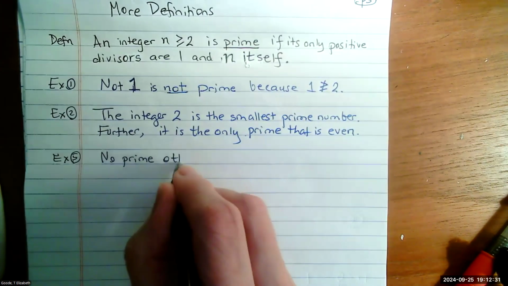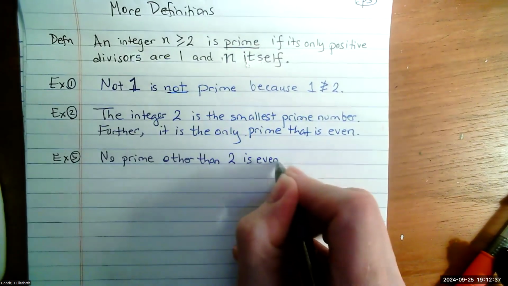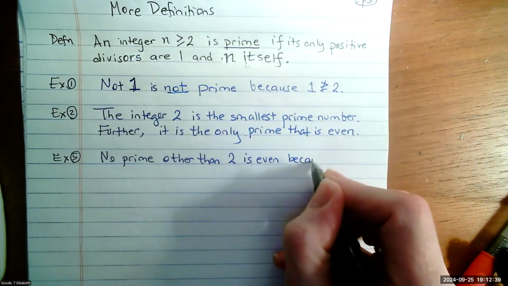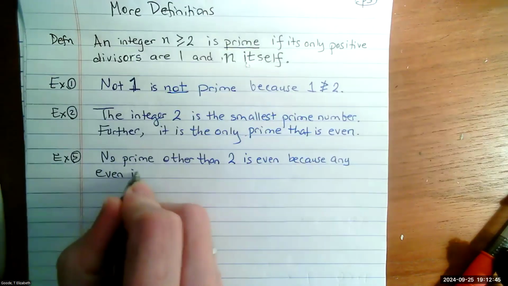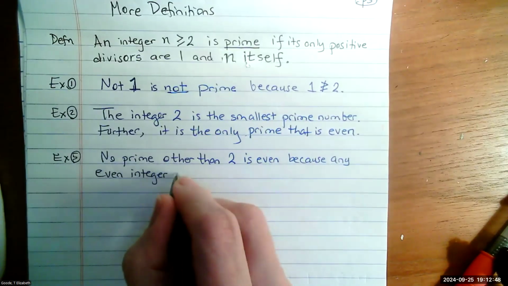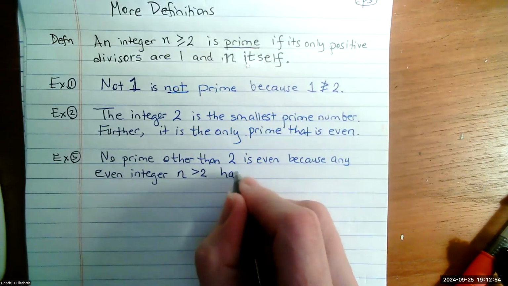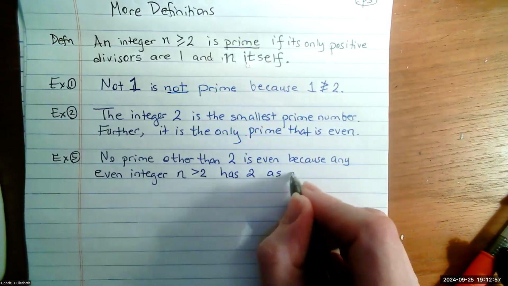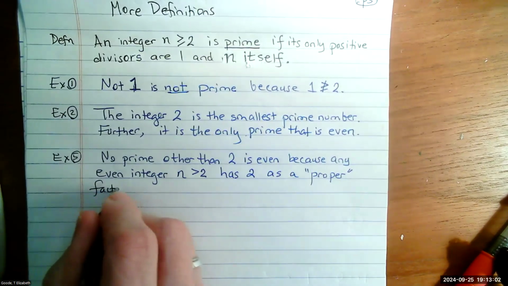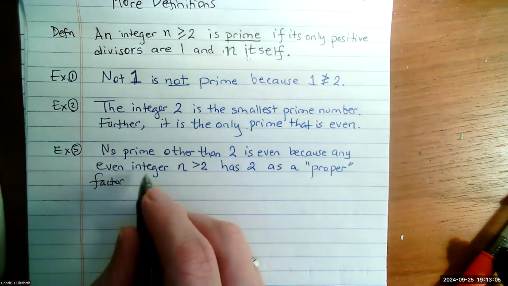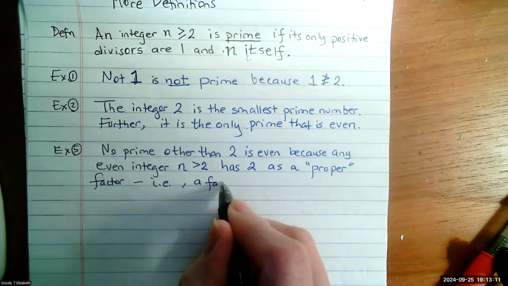This is the idea that no prime other than 2 is even, because any even integer n greater than 2 has 2 as what we call a proper factor, or proper divisor, i.e. a factor strictly between 1 and n.